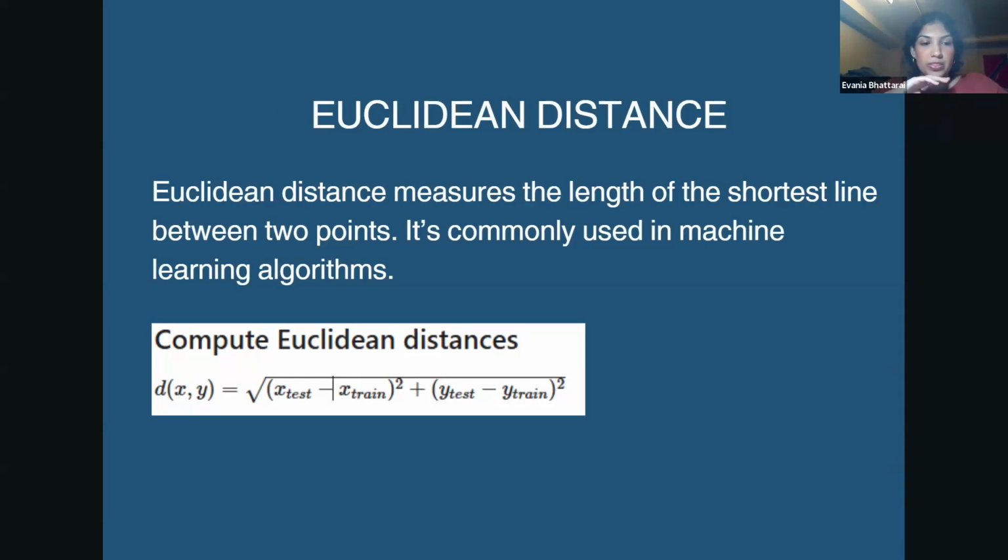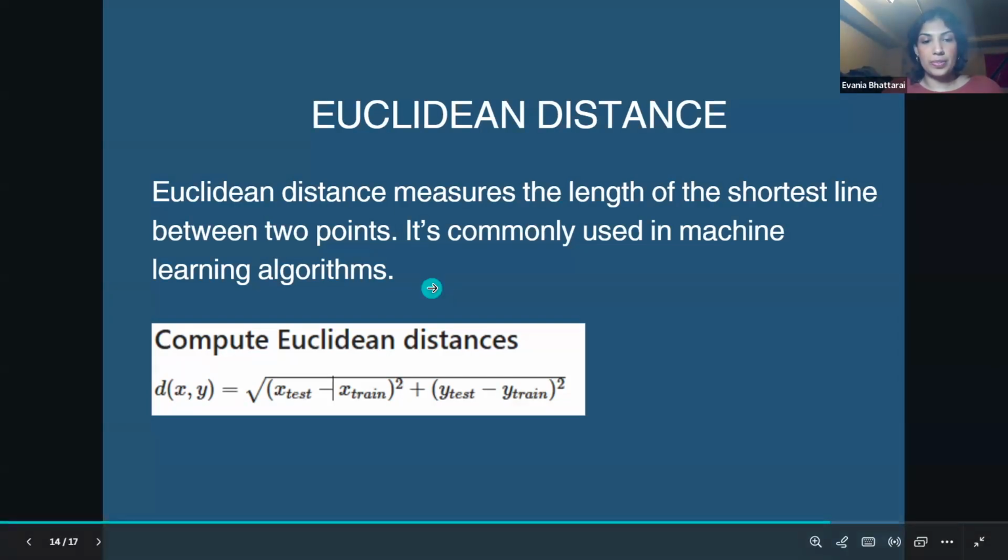You're going to have the square root of parentheses x test, so the x testing data, subtracted by the x training data, squared, plus the y testing data subtracted by the y training data, squared. You square both of those numbers, add them together, and take the square root of that.